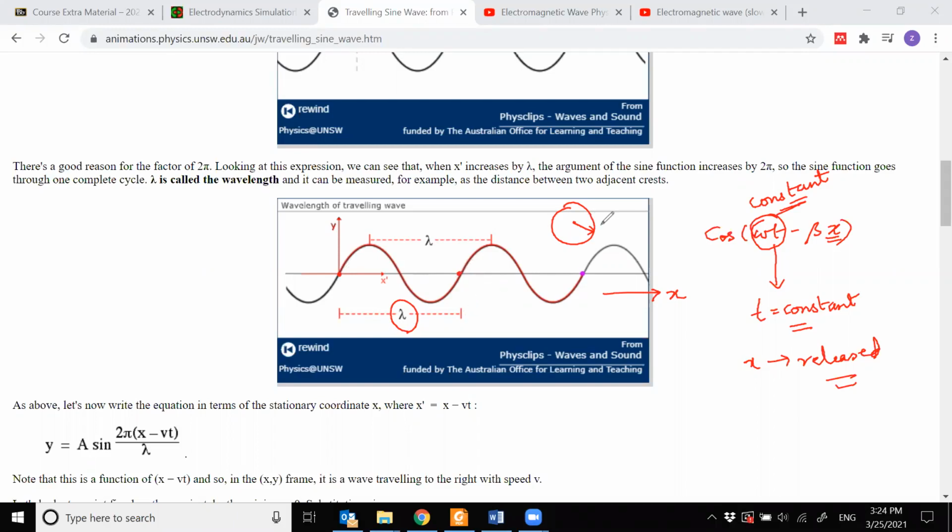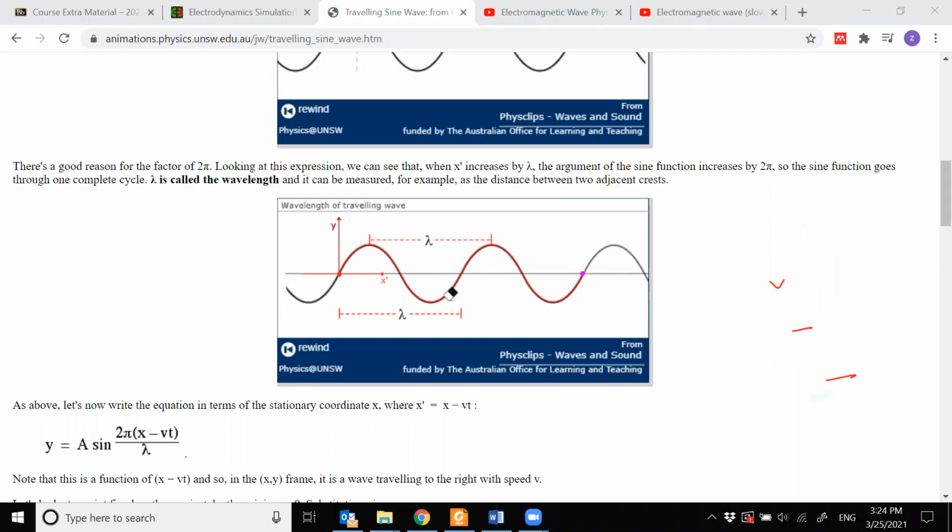And this is nothing but your phase constant, beta. Okay, so this is how we did it when we froze either time or the space, right?